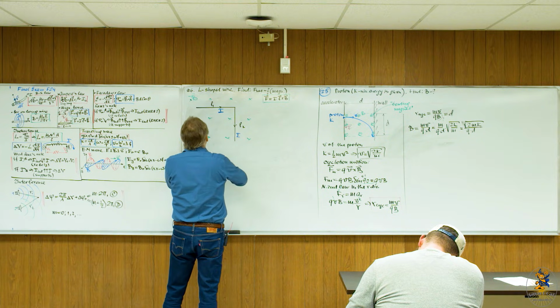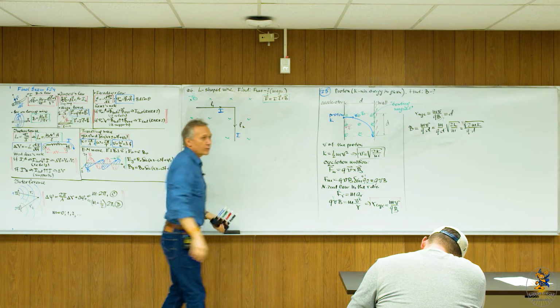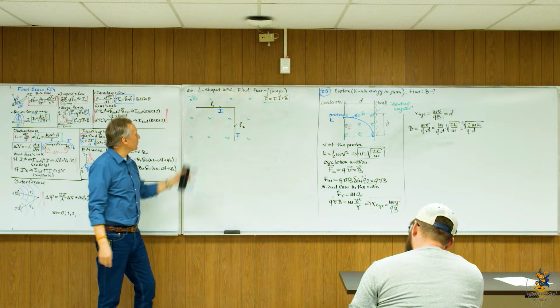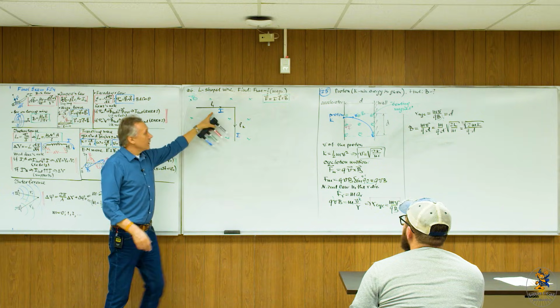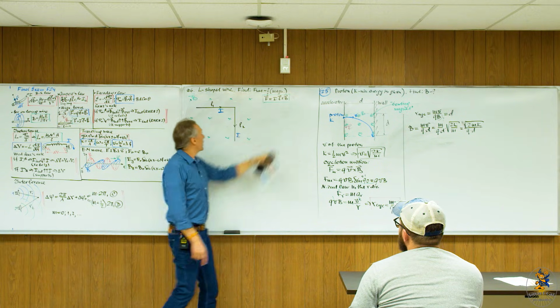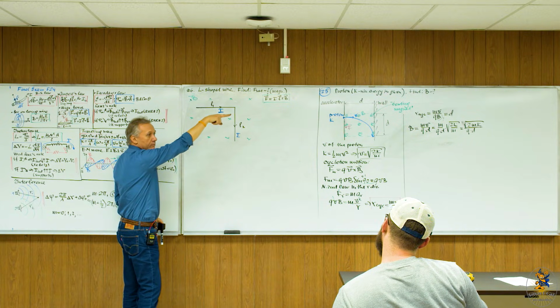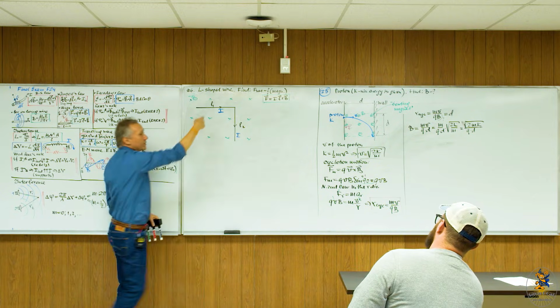So let's find the force acting on the first section of the wire. What's the direction of the force acting on the first section? In this case, just L cross B. Direction of L is the direction of the current, and then cross it with B. B is into the board.